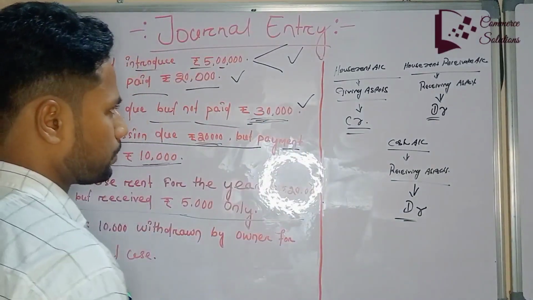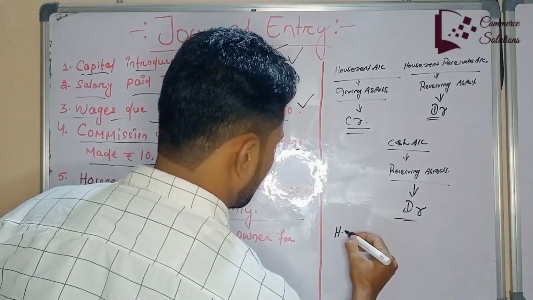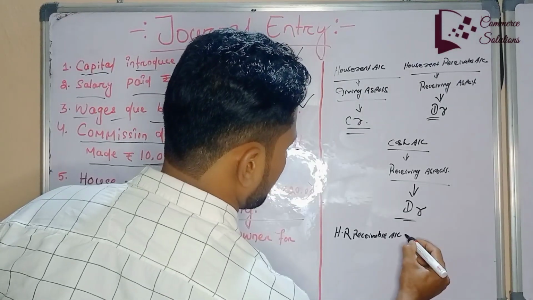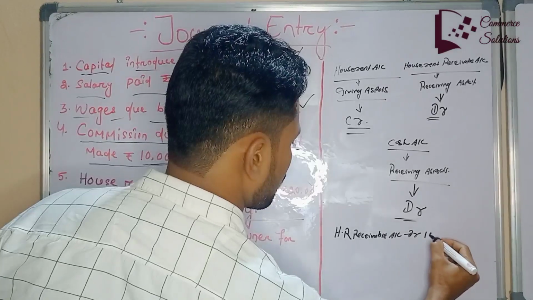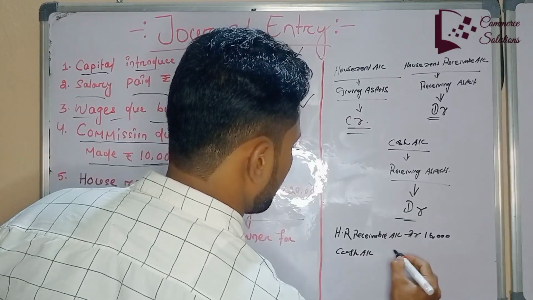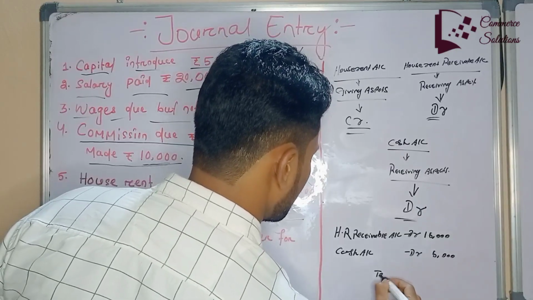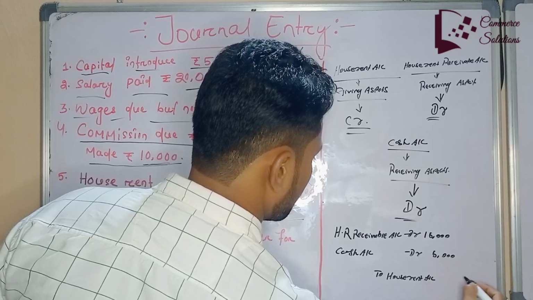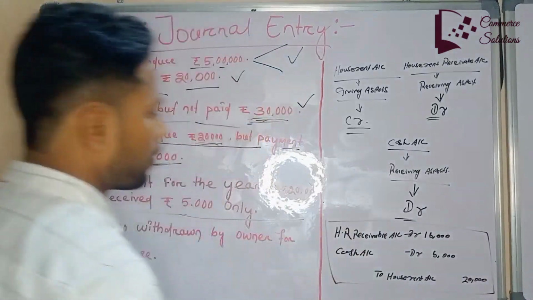The entry will be house rent receivable account debited 15,000, cash account, which we have already received, debited 5,000, to house rent account, that is 20,000. This is the entry.